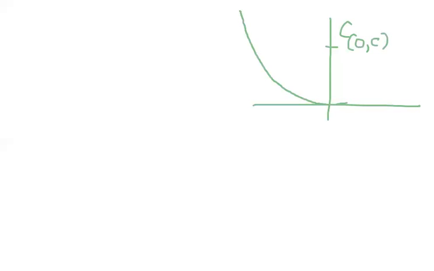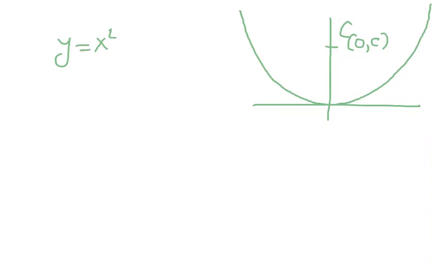Find the shortest distance of the point 0C. This point is 0C, from the parabola y equals to x square.